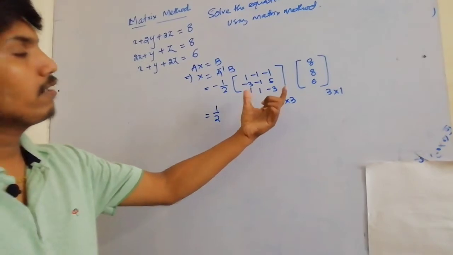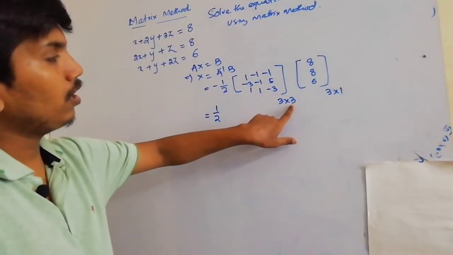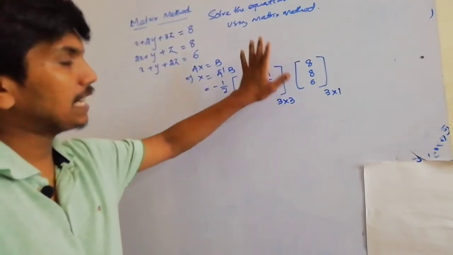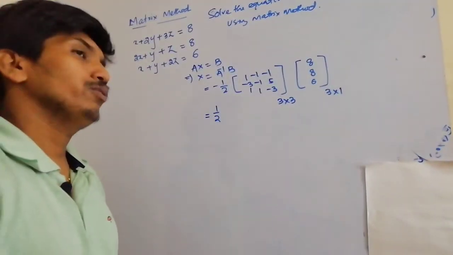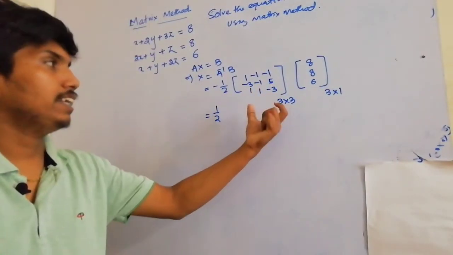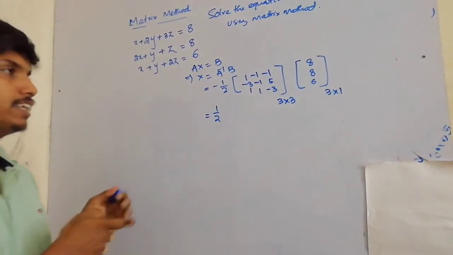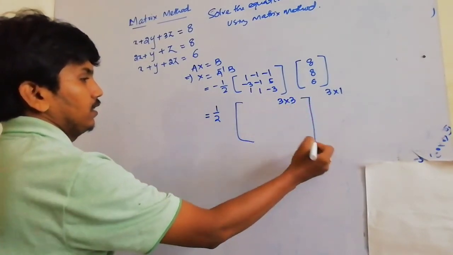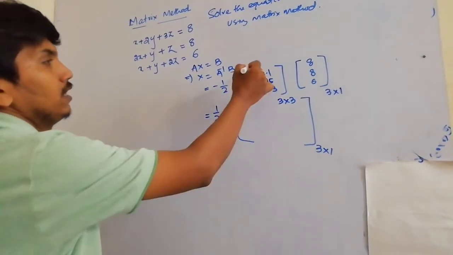How can you multiply? If the number of columns of the first matrix is equal to the number of rows of the second matrix, then we can multiply these two matrices. Here 3 and 3 are equal, and the resulting matrix has order 3 cross 1.